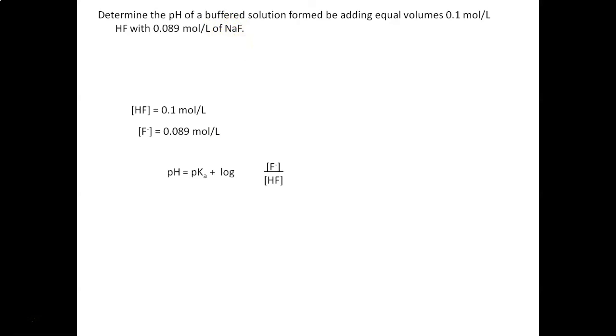I have my equation. I can look up my Ka value for hydrofluoric acid. When I substitute in my values, I get a pH of 3.1299. Put to correct sig figs, this would be 3.13.